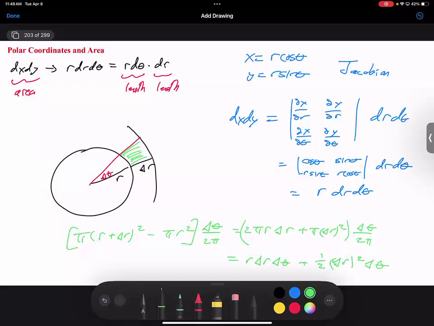And so you're continuing our string of having preferences, right? The secondary term doesn't matter because it has that extra delta r. It's much, much smaller than the other term. If I divide both sides by delta r delta theta, then the first term is actually going to converge to something nice, r, and the second term is going to converge to 0.